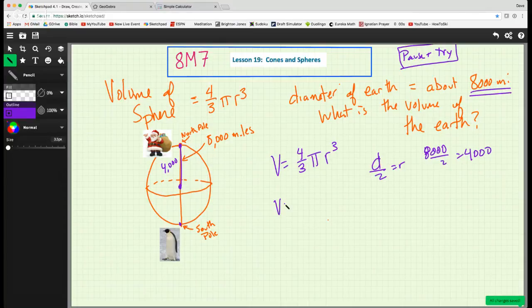So let's see. The volume is equal to 4/3 pi times 4,000 cubed. Oh my goodness. 4,000 cubed is a very big number. Well, we could use scientific notation. And I'm going to use scientific notation to help me with this problem. And so that's equal to 64 times 10 to the 9th.